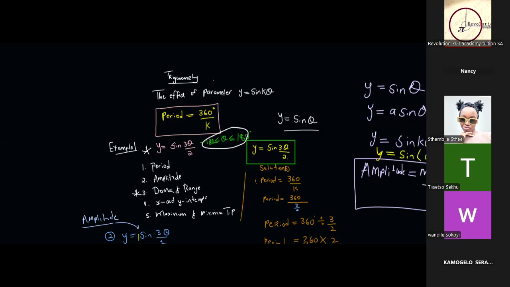I'm teaching you the concept of knowing the original graph, the vertical shifting, this one that is k, as well as this one, because in an exam you'll come across either one of those. And if you don't know how to get even the period, then it's going to be a problem. Any more questions?